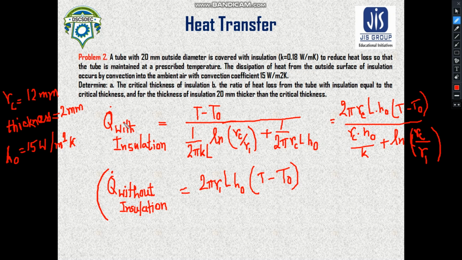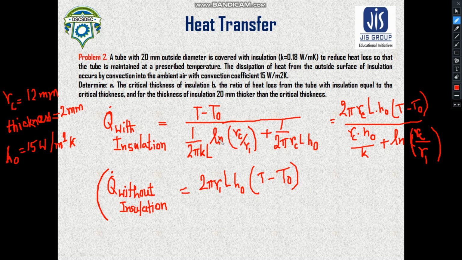Okay, so this is the heat transfer rate with insulation. Here you can see I have already replaced this R2, that was the outer radius, by RC, and you know this RC is 12 millimeter. Okay, so this is your conductive resistance and this is your convective resistance. This is for the outer surface, the convection taking place between the outer surface and the ambient air.